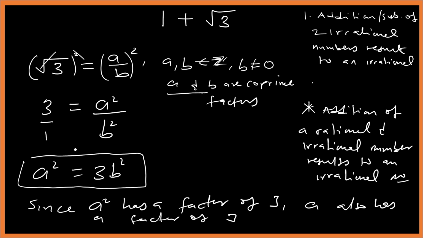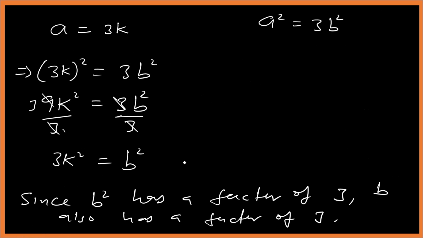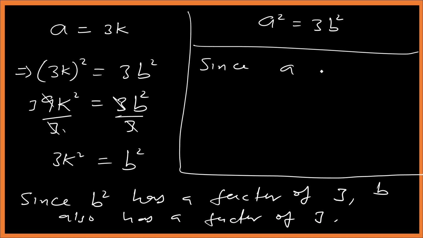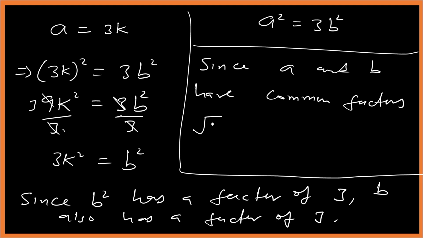So with this we conclude that since a and b have common factors, root 3, which is equal to a over b, is not rational.